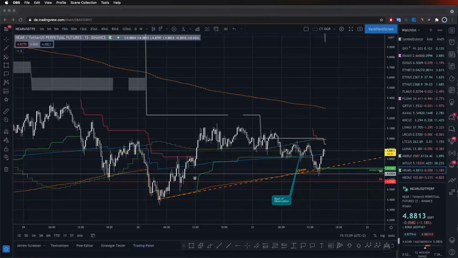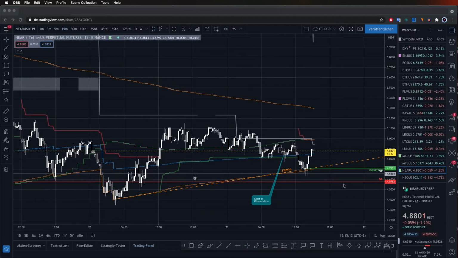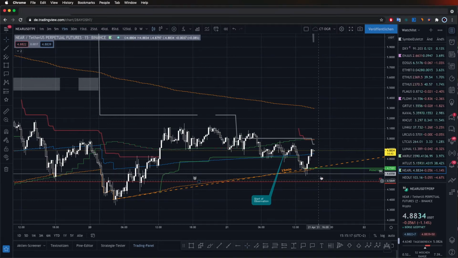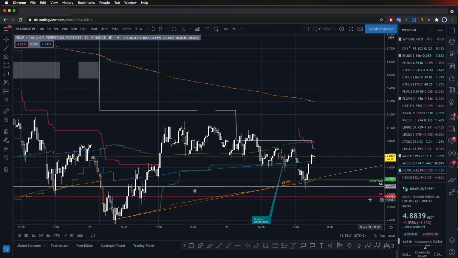So here, just a quick update. The position evolved like I hoped it would. You remember these two lines were set as my two stop loss possibilities, and I decided to take the one more down and said later I will go up. It happened exactly what I was thinking about. The price even came down here.